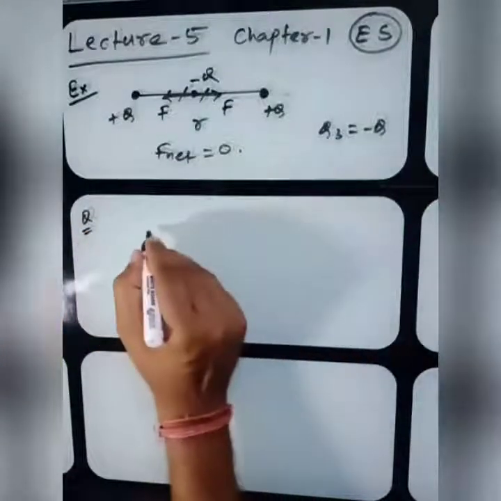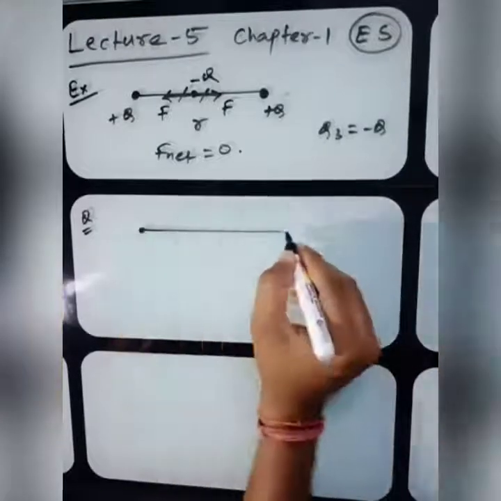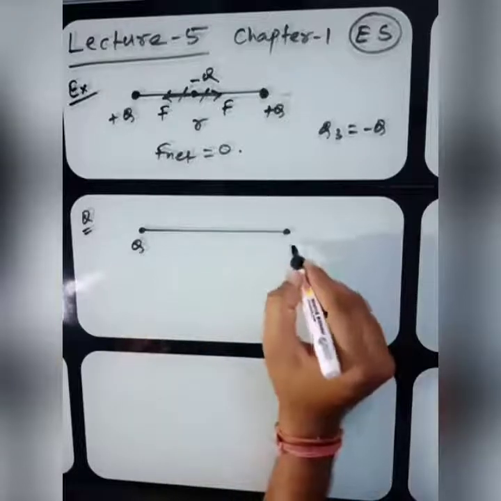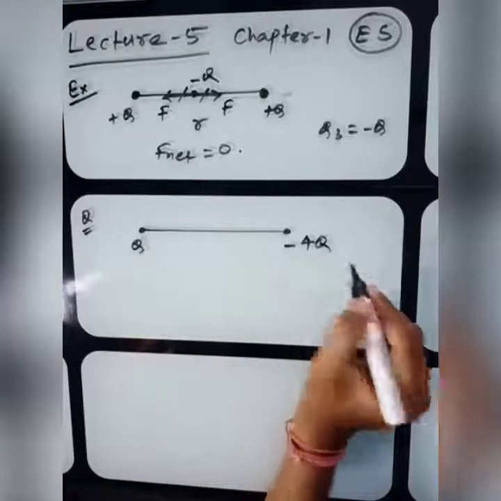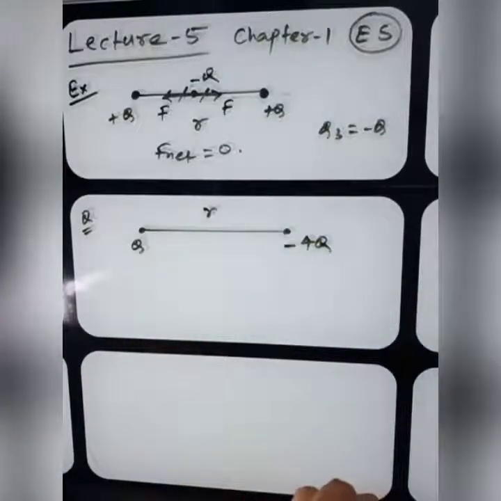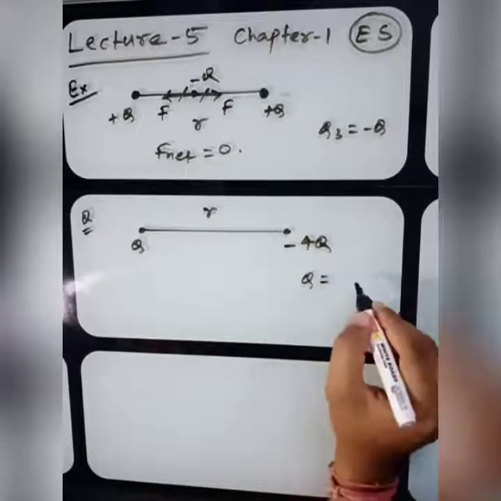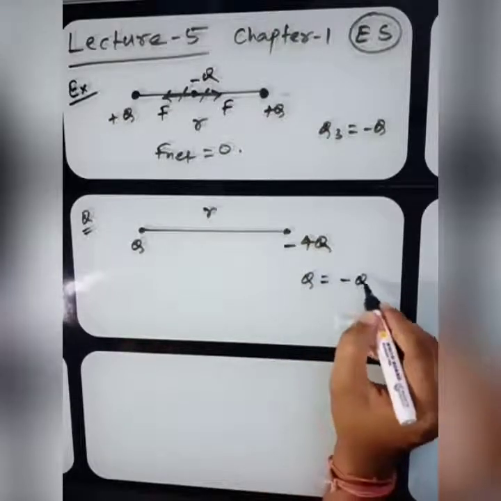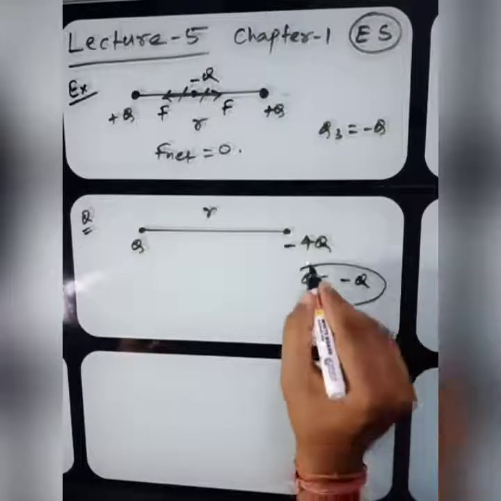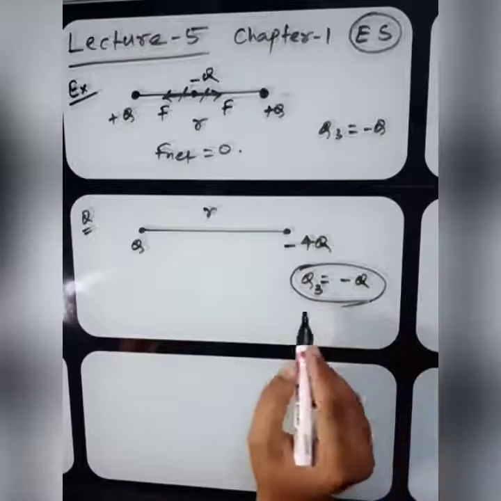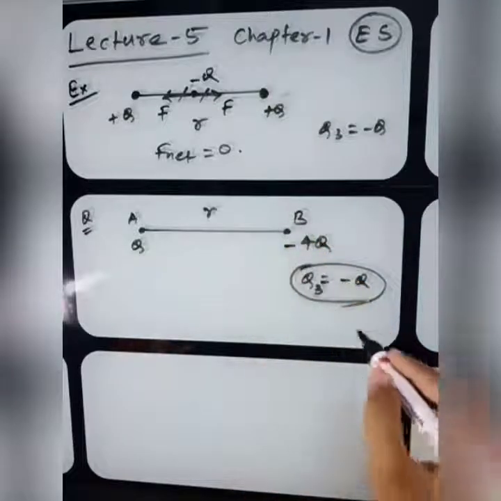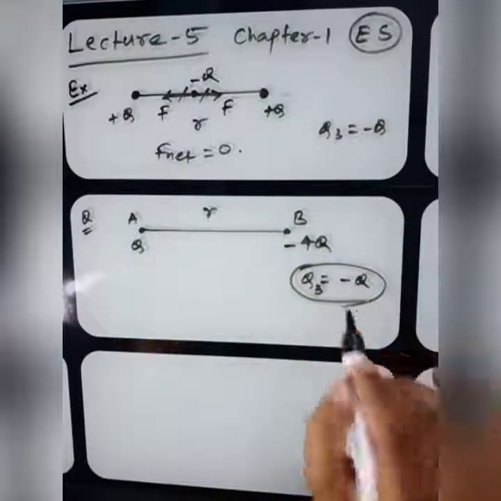The two charges we are having here are q and minus 4q, separated by distance r. The third charge q3 is minus q. Now the question: where should the third charge q3 of value minus q be placed on the line joining these two charges, say A and B, so that it experiences net force 0?